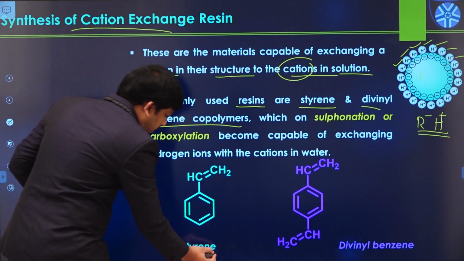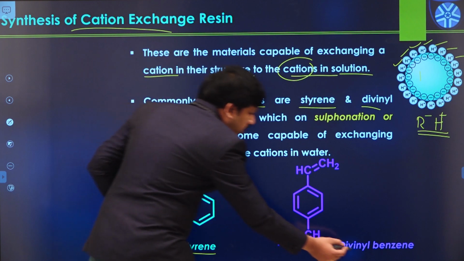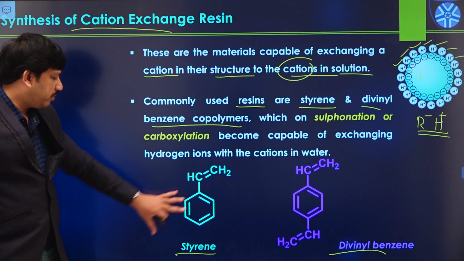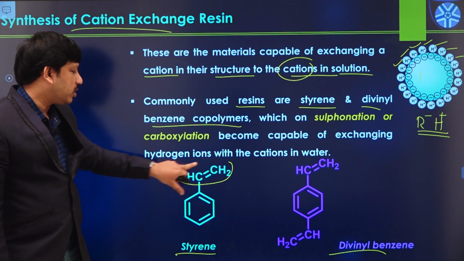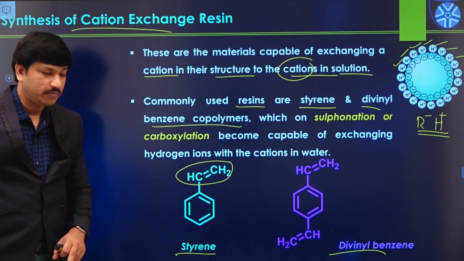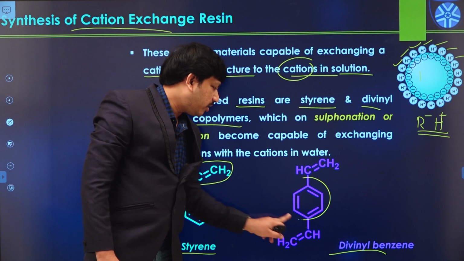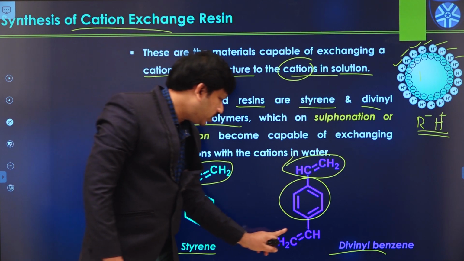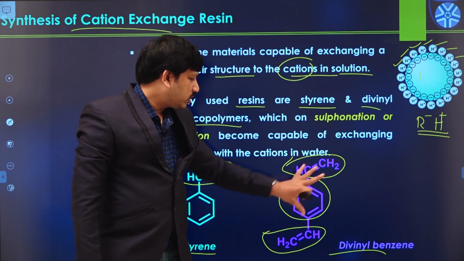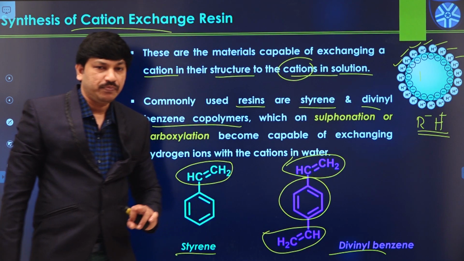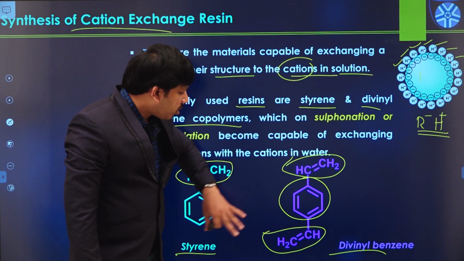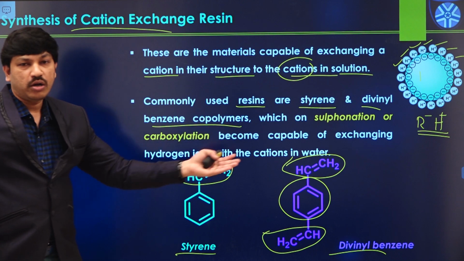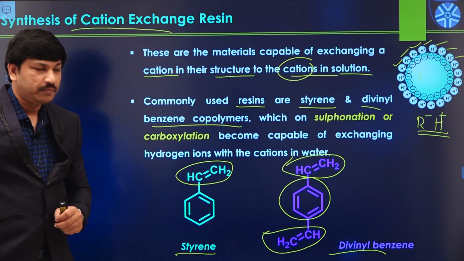We need styrene, and divinyl benzene. This is the structure of the styrene molecule. Benzene contains one vinyl group; this is also known as monovinyl benzene. This is the benzene ring, this is the vinyl group, CH2 double bond CH, and this is another CH double bond CH2 group. So this is divinyl benzene. If these two compounds react with each other, there is a formation of the corresponding styrene divinyl benzene copolymer.